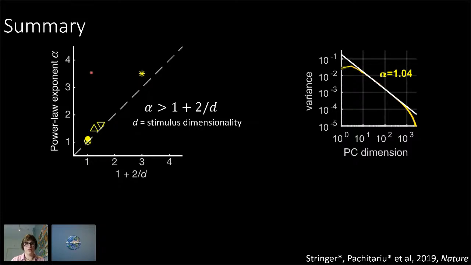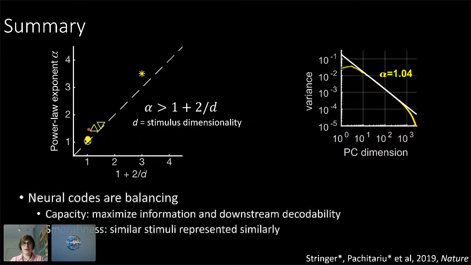And you can see that the alphas are all above this line, suggesting that they're all within the regime where the responses are smooth. And so we think that neural codes are balancing kind of capacity. They want to maximize the amount of information they have of the visual world. And so that's why this eigenspectrum is high dimensional. It's not just a low dimensional spectrum with only a few significant eigenvalues. It doesn't drop to 0.